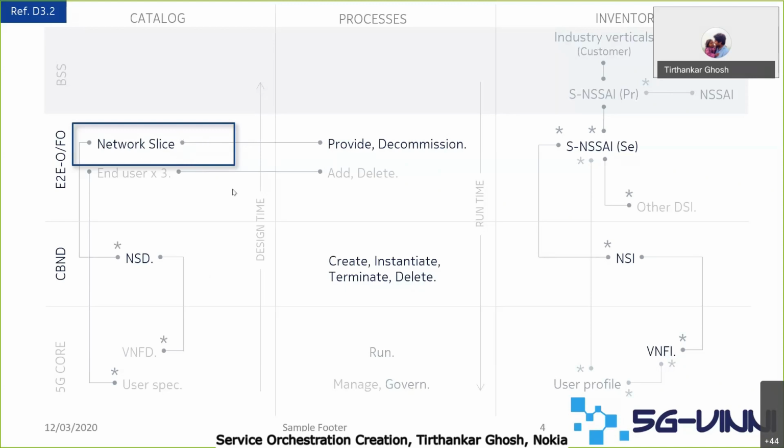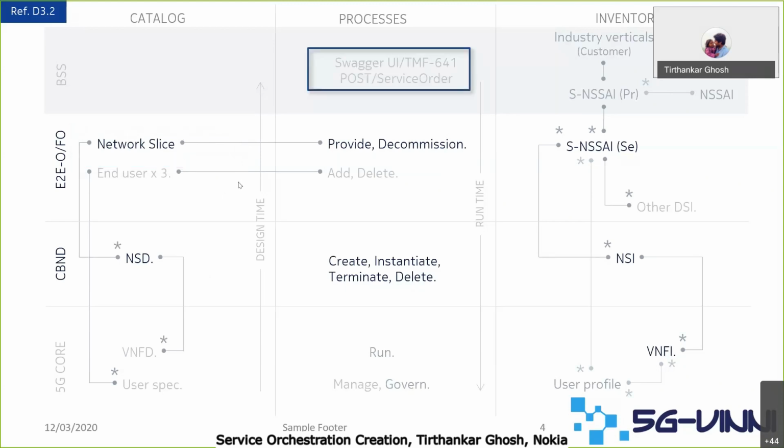Once this design time is done, we will move to some real action. Like I said, there's no proper BSS, but we will use Swagger UI to simulate that part. We'll post a service order using TMF641 specs into Flow One, as if a real customer has ordered a network slice as a service.